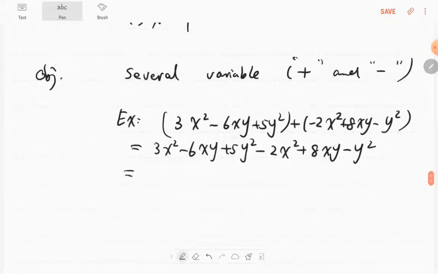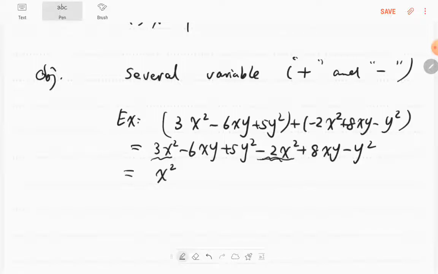Now we should combine the like term, and we realize from the left side the first term is x squared term. So we could combine them. 3x squared minus 2x squared, we will have just 1x squared, right? Then we check the second one.